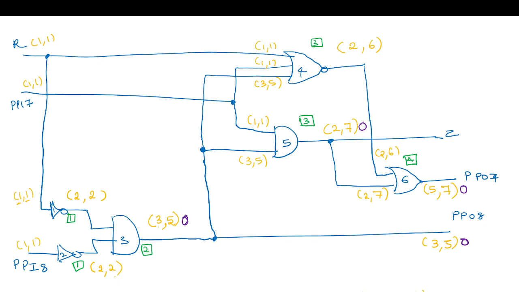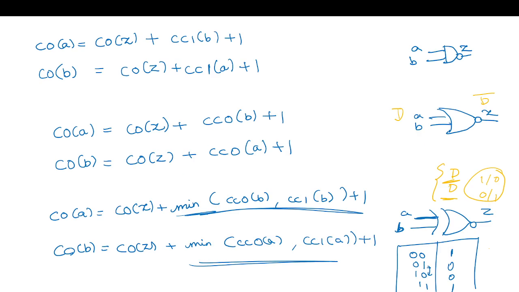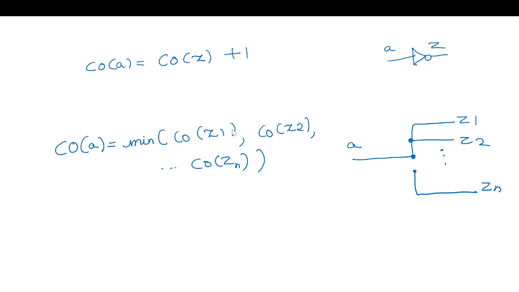First is the observability. We want to calculate this observability: 2, 6, 3. The other input should be non-controlling. So 2 plus 1 is 3, plus 0, so 3. Now again here a NOR gate. For the NOR gate, non-controlling is 0, so all the other inputs should be 0.